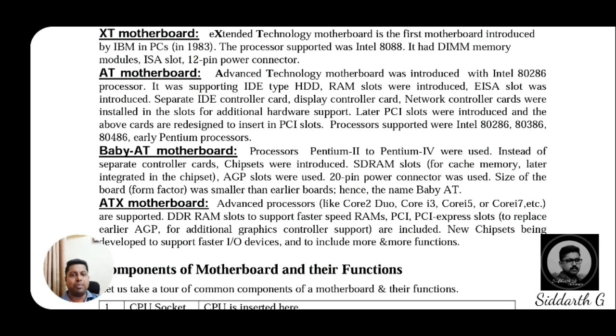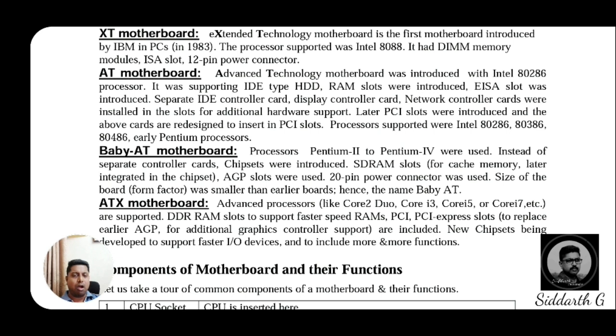A new chipset has been developed to support faster IO devices, input output devices, and also to include more and more functions. That's why this is advanced. So dear students, we have 4 types of motherboards: first the beginning XT, then AT, baby AT and ATX motherboards.